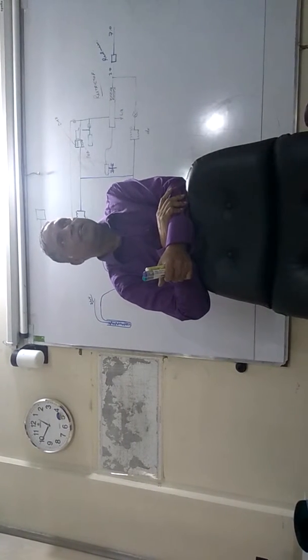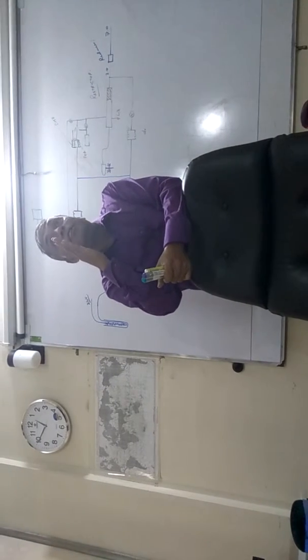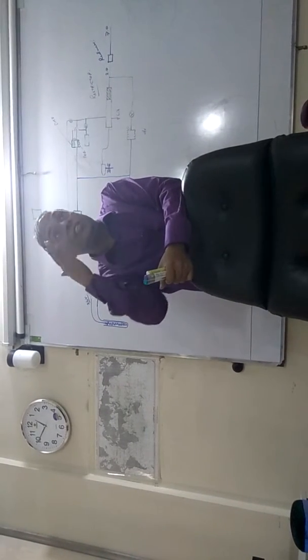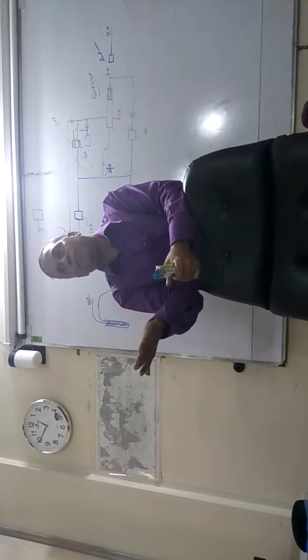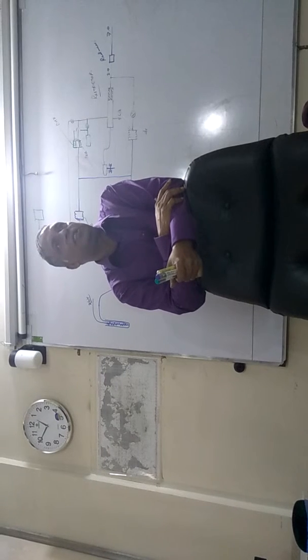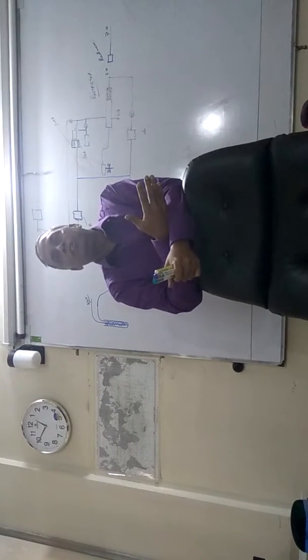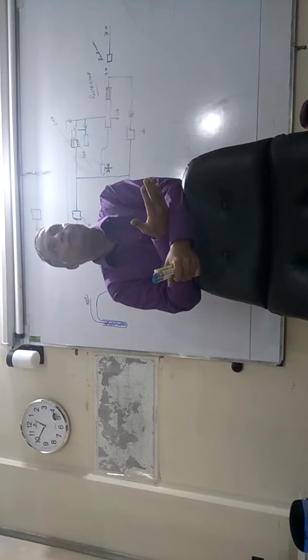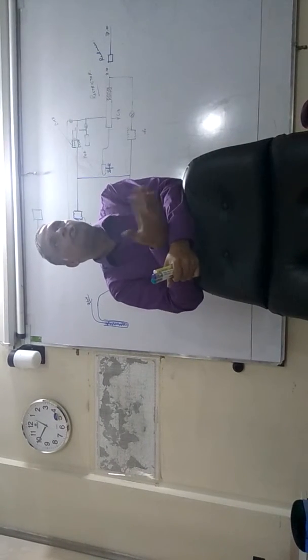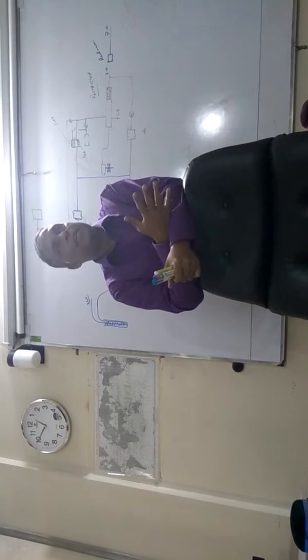So the constant, which is the set value, is also the desired value. Hardly any difference between set value and desired value. Definition wise, both are the same: the parameter value the operator wants to achieve.